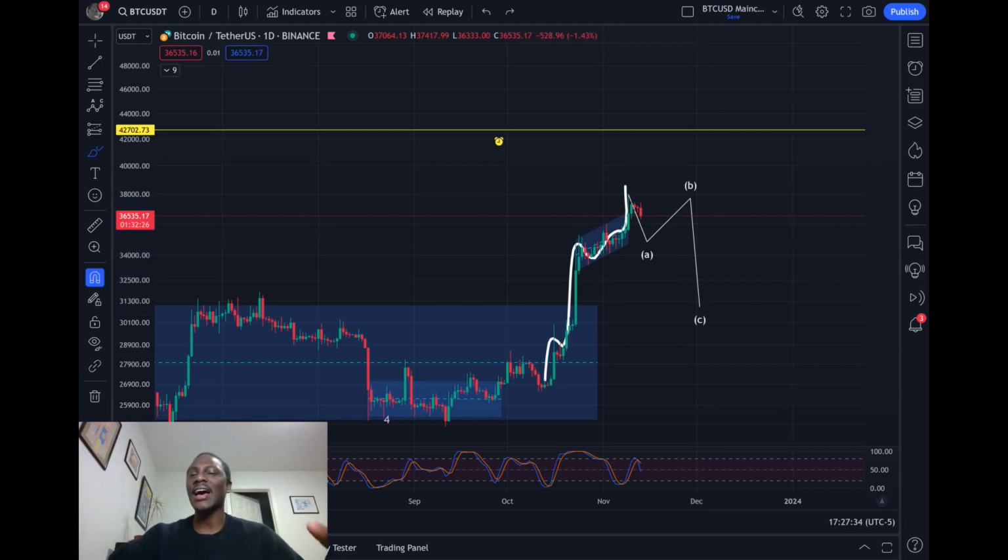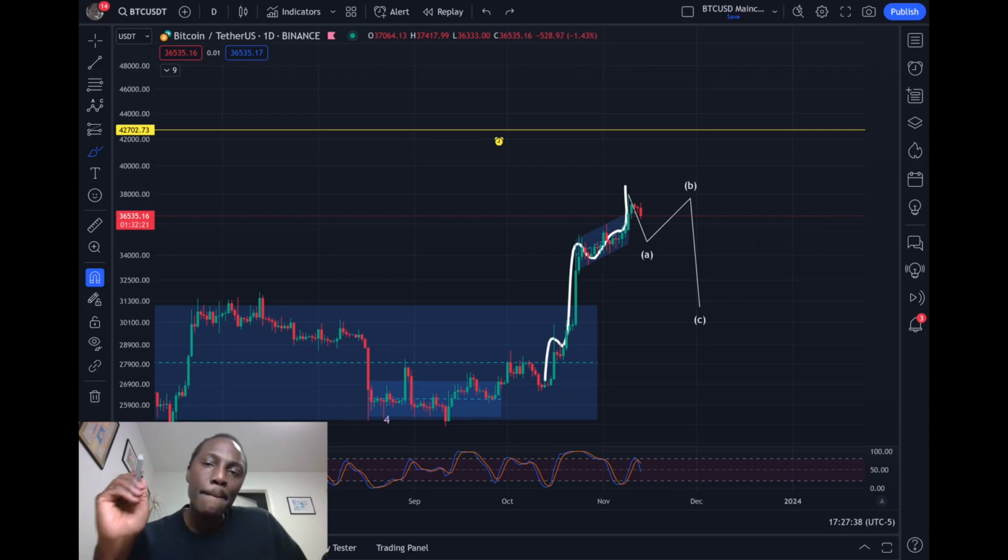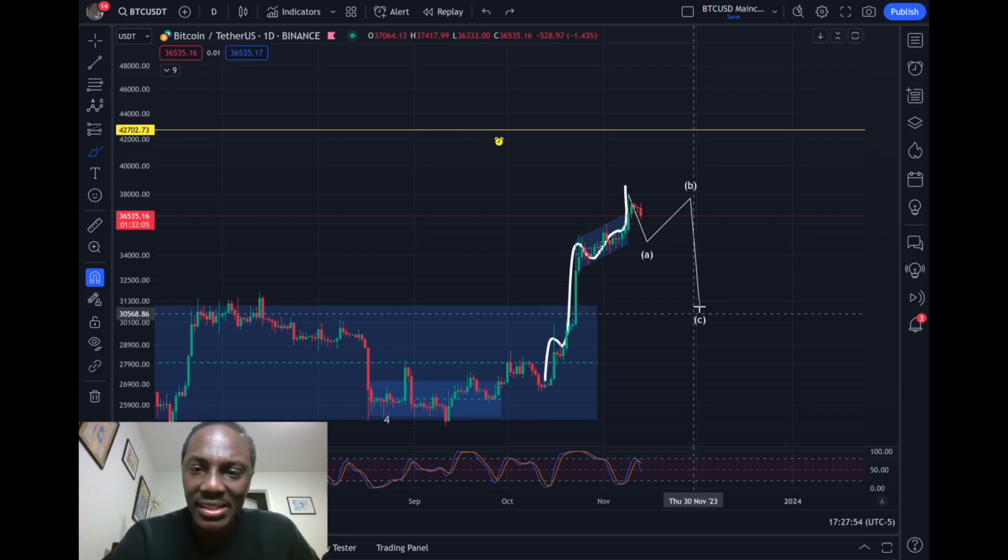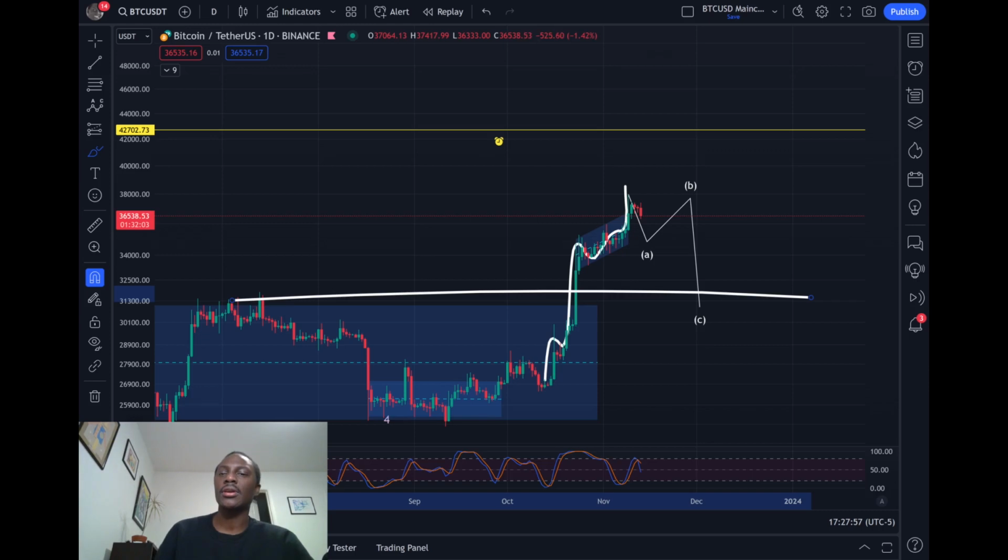So this kind of is where we can segue into the good news. So the bad news is Bitcoin within the next 24, 26 days is likely to put in a major corrective move, okay? And that, if we're correct, should take us back to the next major level of support, which is around 31K.